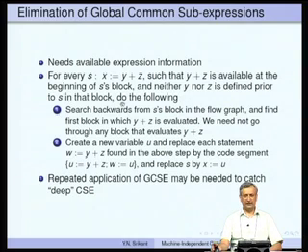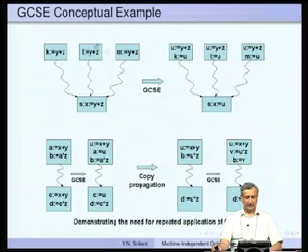So, if these conditions are satisfied, then the availability of the expression y plus z at the entry point of the basic block tells us that the expression is available along every path that reaches this particular block. Recall that the confluence operator is intersection.